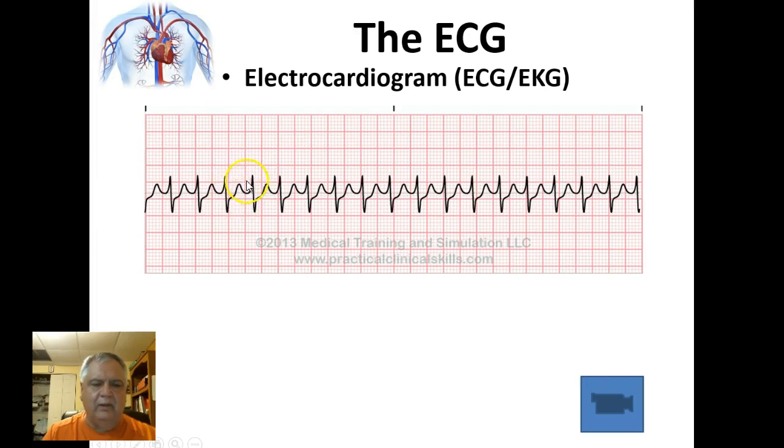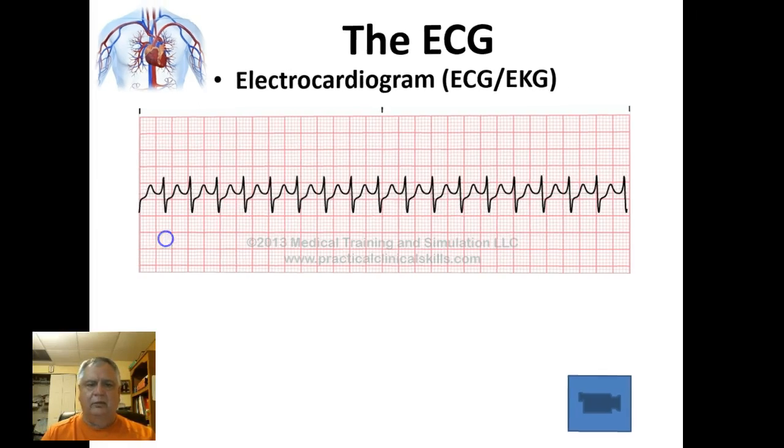These are so rapid that the P waves and the T waves are indistinguishable from one another. Okay, so it's a very rapid heart rate. This would be supraventricular tachycardia. So those are some examples of how the EKG is important in helping us to detect heart abnormalities.